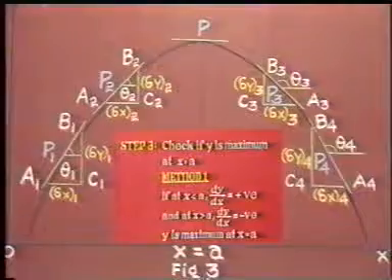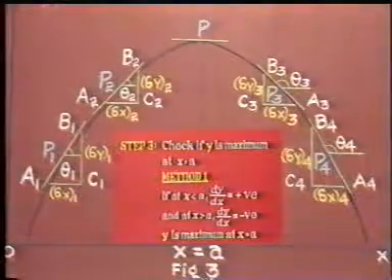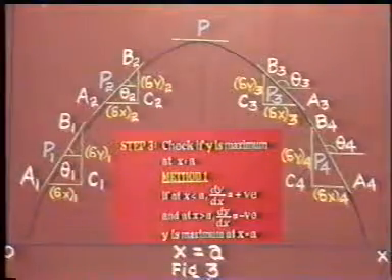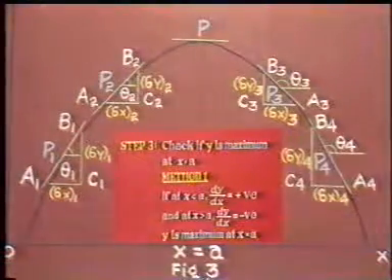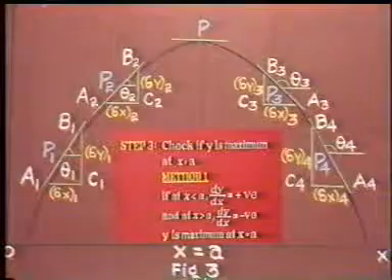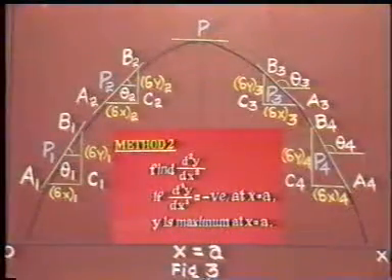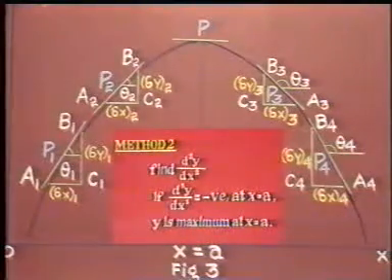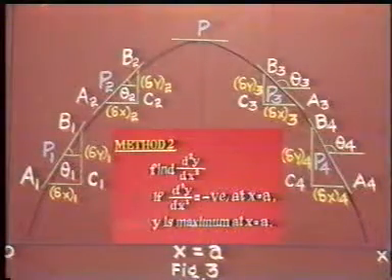If at x less than a, dy upon dx is positive, and at x more than a, dy upon dx is negative, then y is maximum at x equal to a. Method 2. Find d square y upon dx square. If at x equal to a, d square y upon dx square is negative, then y is maximum at x equal to a.